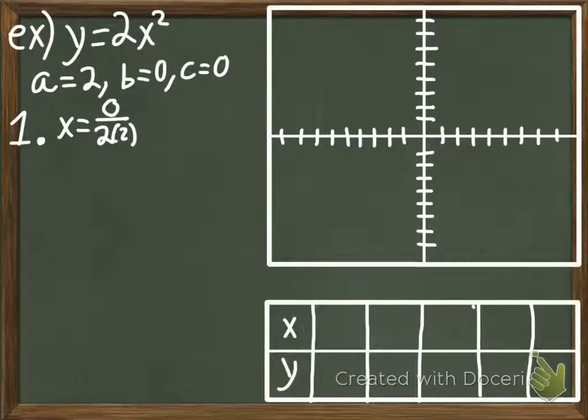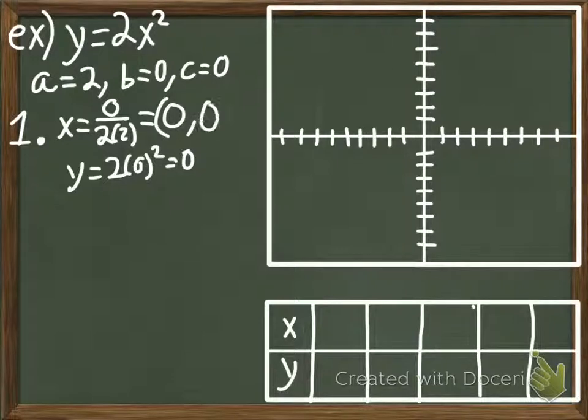And it doesn't really matter here because anything you divide 0 by is going to be 0. We plug that in: y equals 2 times 0 squared. It's also going to give us 0. So it looks like our vertex is at (0, 0).